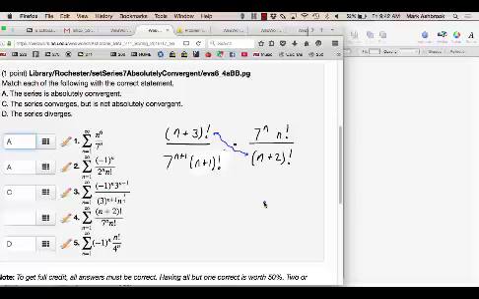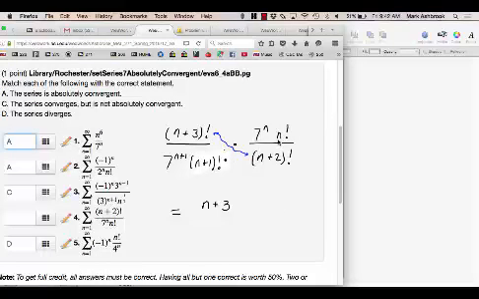Basically, (n plus 3) factorial is n plus 3 times n plus 2 times n plus 1, but that is n plus 3 times (n plus 2) factorial. Therefore, those two combined are just n plus 3. If you're not sure about that, write them both out and see what factors cancel.